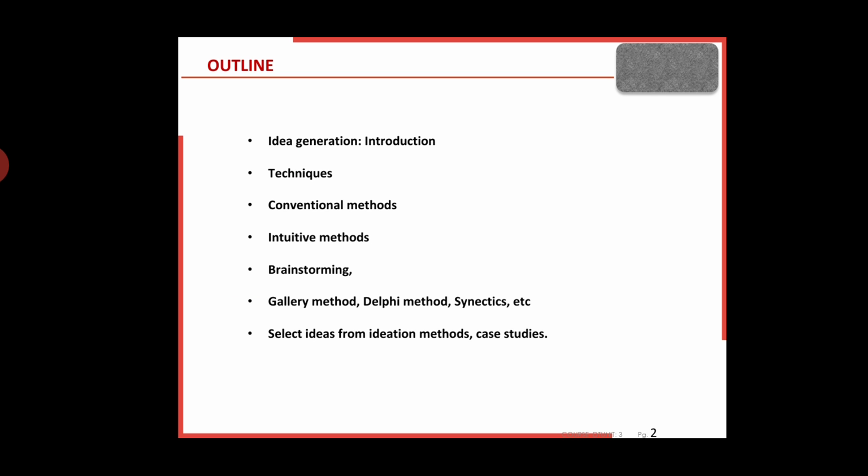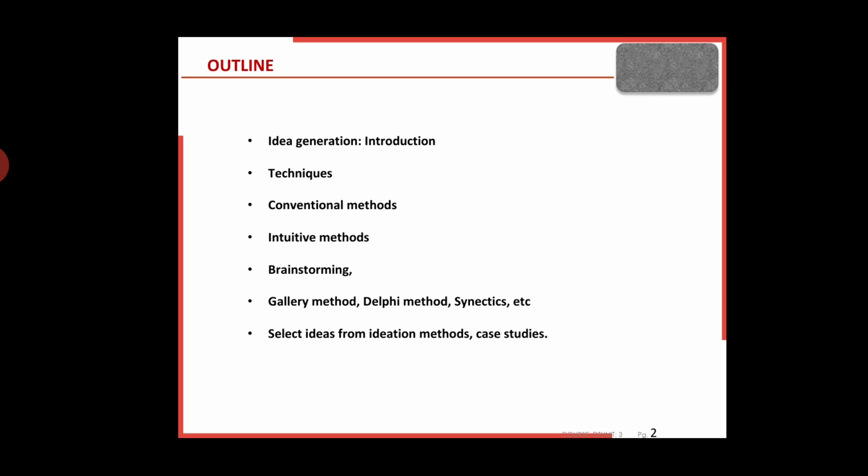The second topic is the techniques we use in idea generation. The third topic is conventional methods, the fourth is intuitive methods, the fifth is brainstorming, and the sixth is the gallery method.